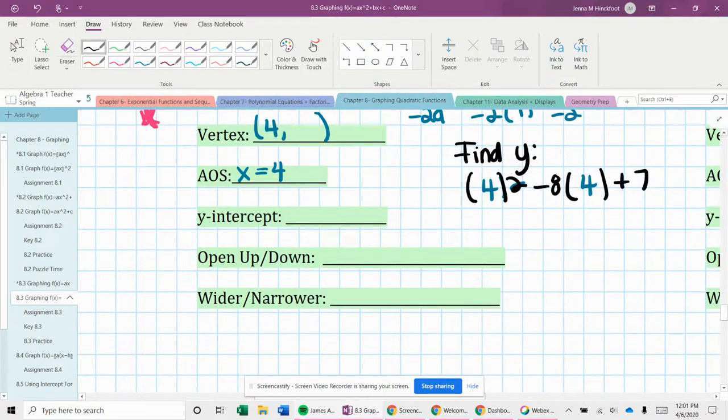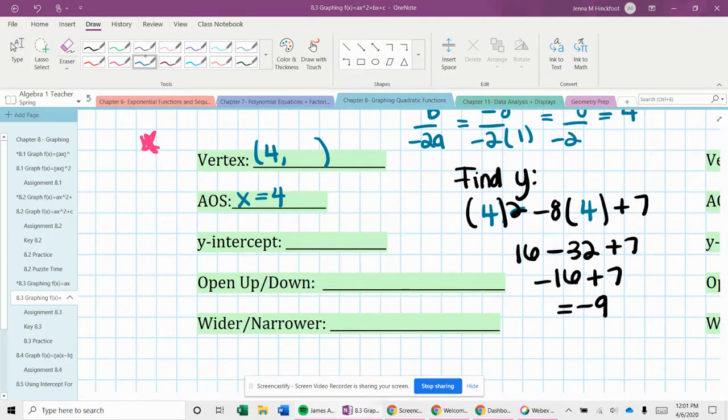The order of operations, 4 squared gives you 16. Negative 8 times 4 is negative 32 plus 7. So now working from left to right, 16 minus 32 is negative 16 plus 7, negative 9. So the y of our vertex is negative 9.